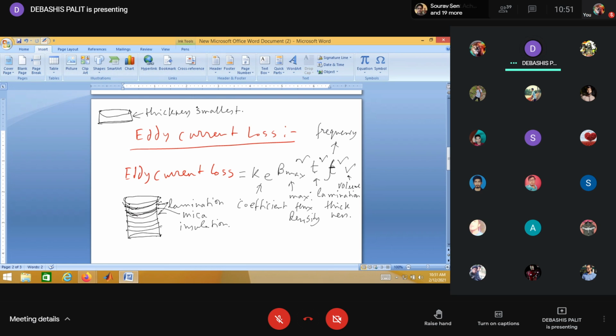The coefficient of eddy current also dictates the eddy current loss. Silicon steel is a material whose coefficient is comparatively less than other materials. So whenever you use a small thickness, you can reduce the eddy current loss, and for a material like silicon steel the eddy current coefficient is also less.